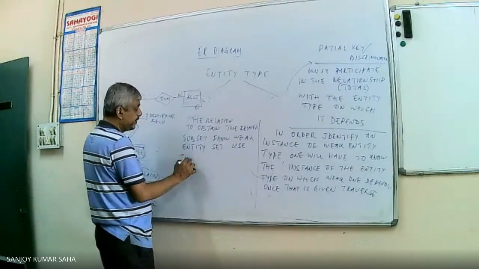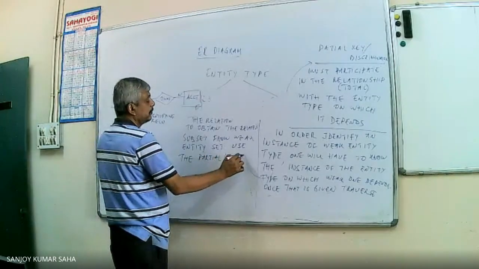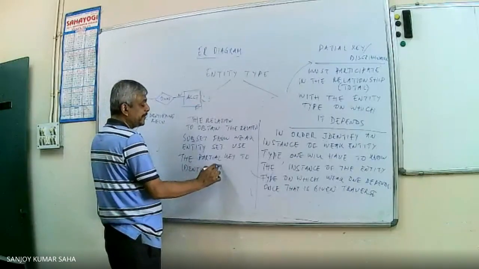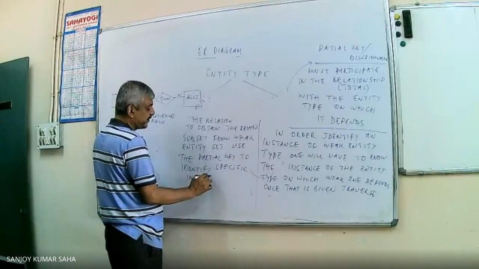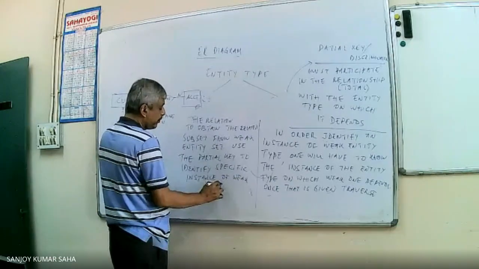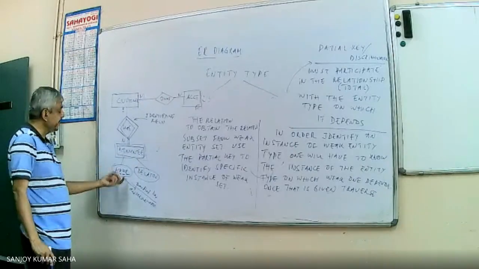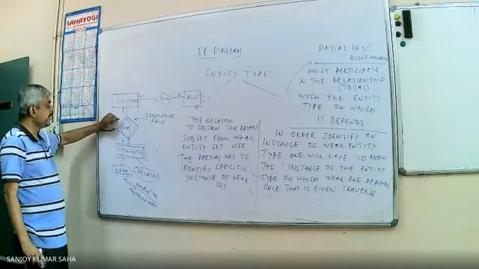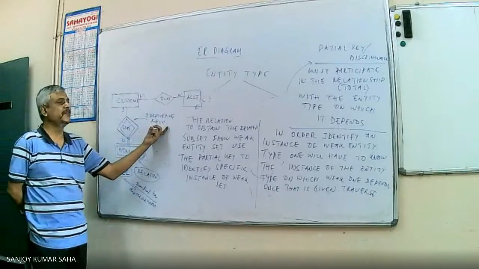Use the partial key to identify a specific instance of the weak set. So given the customer, we will get the subset from here, then use this partial key to identify the particular one. So such a relation which is used for identification is called an identifying relation.